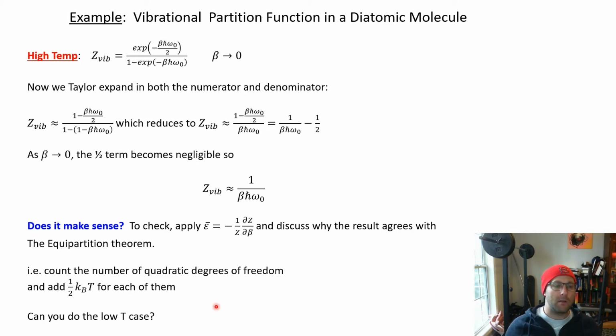All right, and so then another issue is, could you do the low temperature case? It should be relatively straightforward to think about the low temperature case. It's not going to be a straight up one-to-one substitution of beta goes to infinity compared to beta goes to 0. You're going to do different arithmetic steps. But again, think through the idea that you just want to understand the behavior of the function.